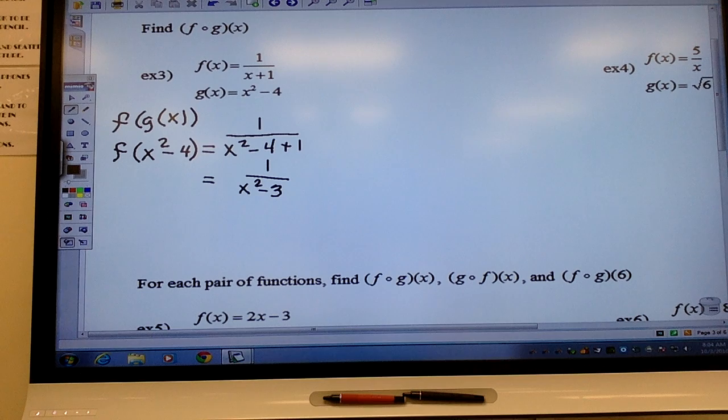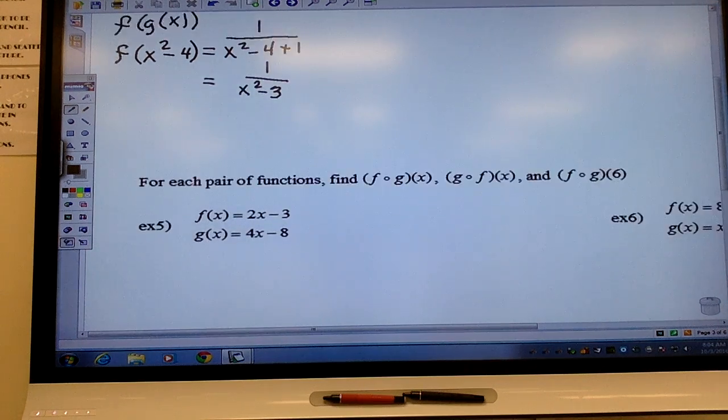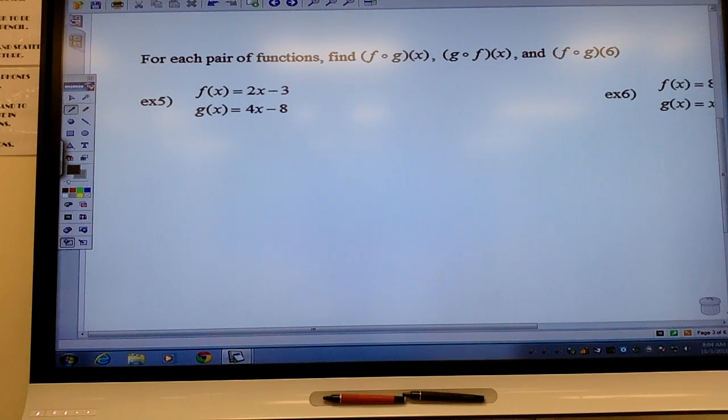Let's go down to example 5, because here I'm doing a lot of experiments. And actually, instead of number 5, let's go to number 6.